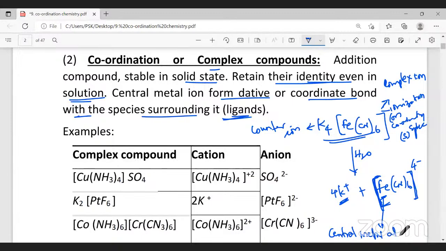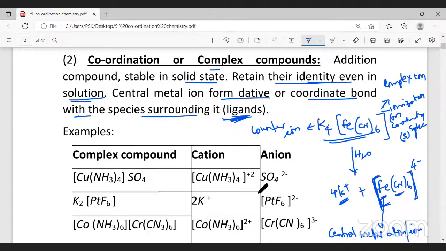It can be in atomic state or in ionic state. We abbreviate it as CMA, central metal. The central metal is surrounded by a definite number of atoms, molecules, or ions, and those are called ligands. In this example, cyanide is a ligand. We will learn what a ligand is.